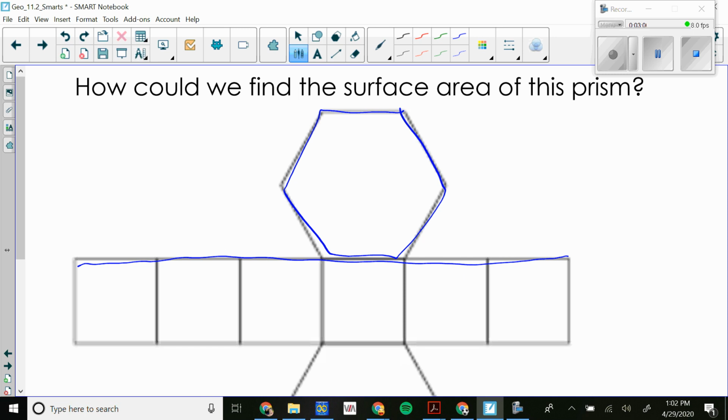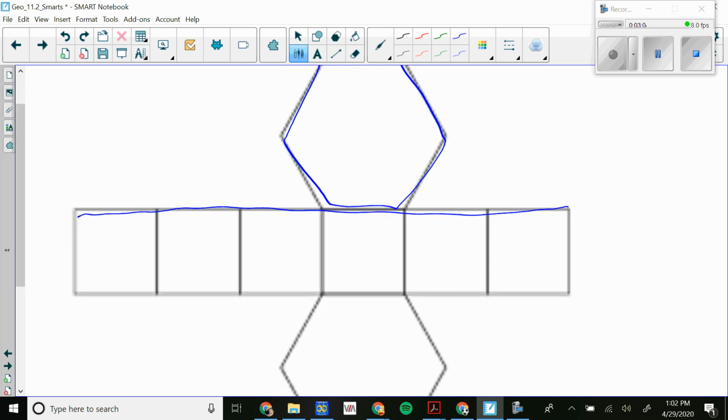Right, so we want the perimeter times, that would be the height. So I'm going to say perimeter times the height, and that would be the area of this rectangle right here. And I'm going to add that to both of the bases.